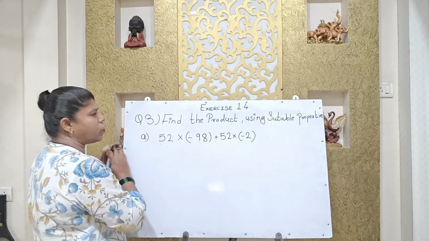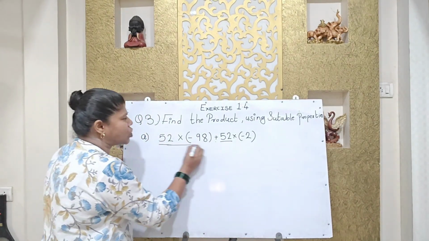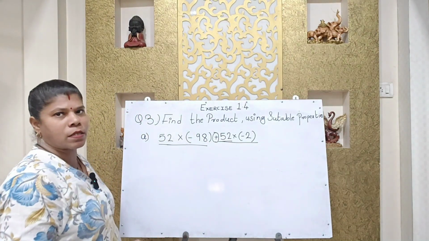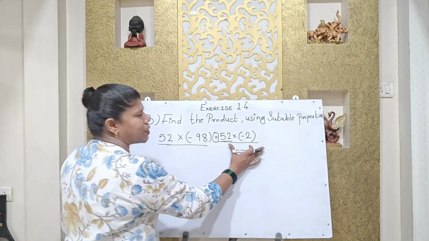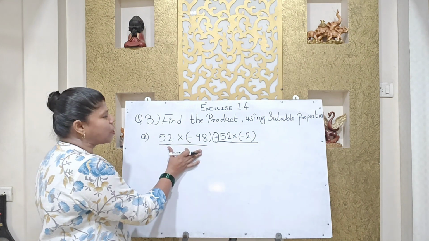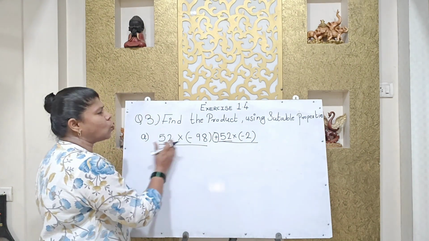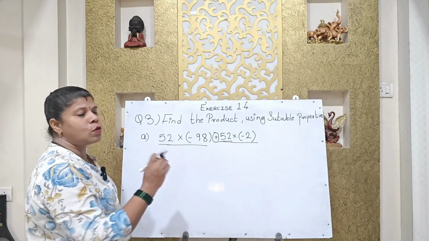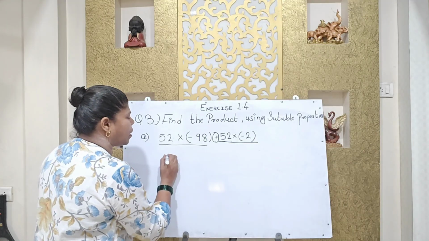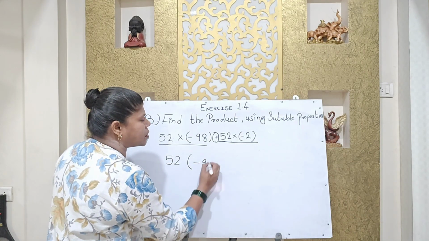Again, 52 here and also 52. दोनों expression, this is one expression, this is another expression separated by the plus sign. ये एक एक्सप्रेशन है, ये दूसरा एक्सप्रेशन है जो कि प्लस साइन से अलग हुआ है. तो इस एक्सप्रेशन में 52 है, अगेन इन अनदर एक्सप्रेशन आल्सो 52. तो हमने ये दोनों एक्सप्रेशन में से जो 52 कॉमन है उसको ब्रैकेट के बाहर निकाला. तो इस फर्स्ट एक्सप्रेशन में से 52 बाहर निकल गया, तो ब्रैकेट में क्या बचा? -98.